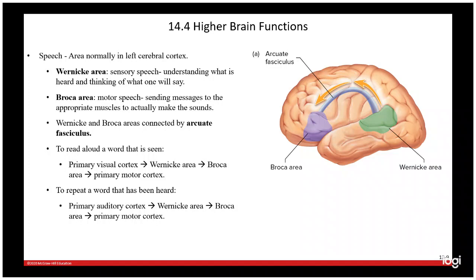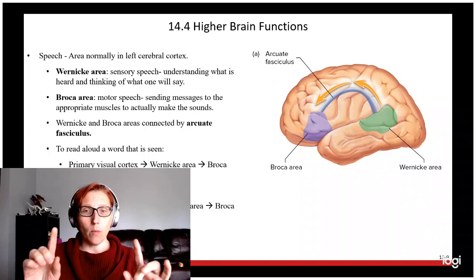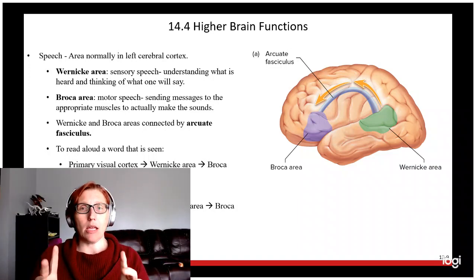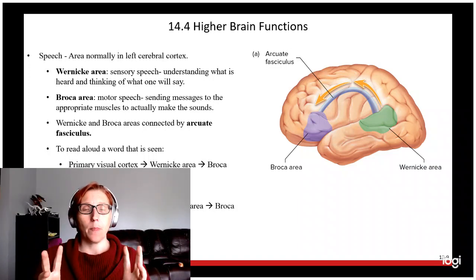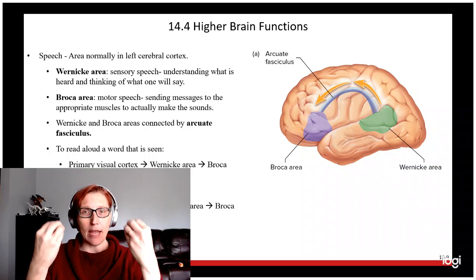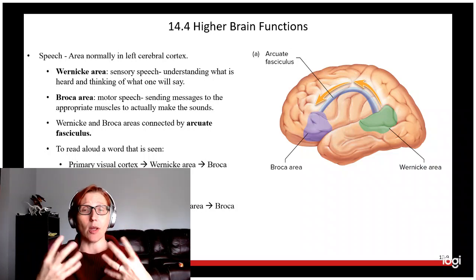All right, so the Wernicke and Broca areas, these are super, super cool. They are two different regions of your brain that work together with one another. The Wernicke area itself is where you take in sensory speech information.